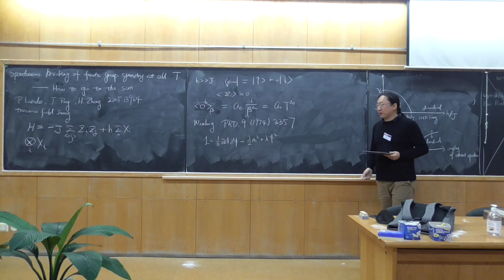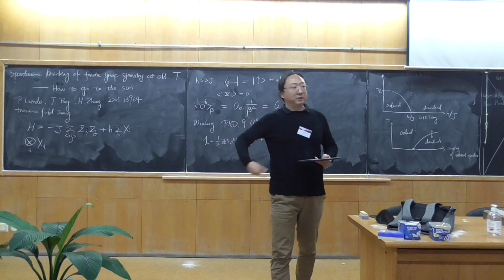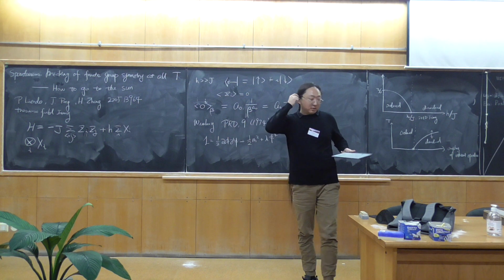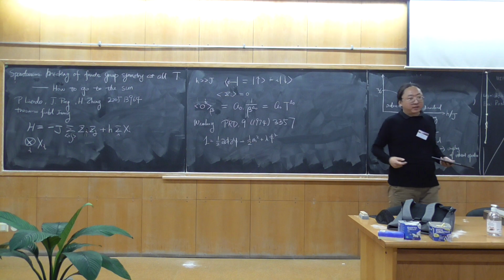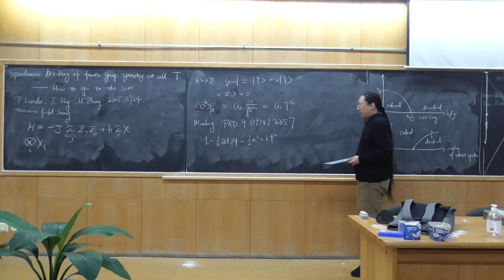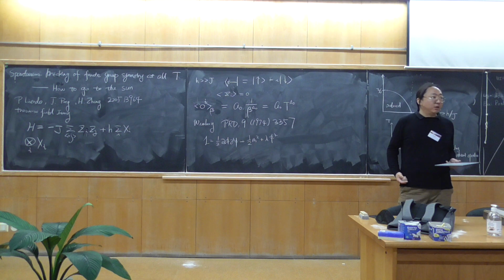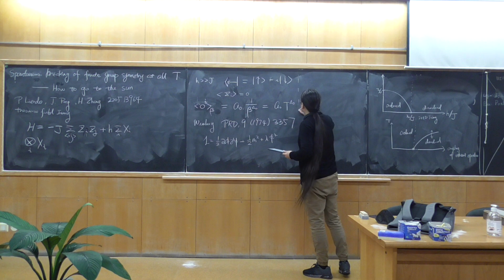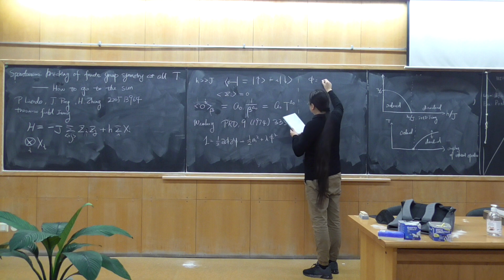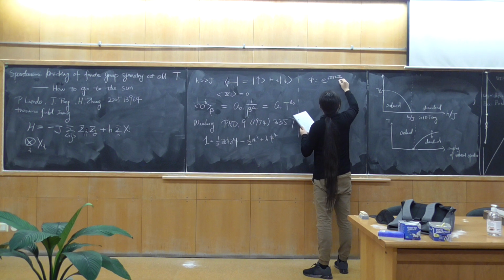If you turn on finite temperature, your temporal circle is basically of finite radius. If you are looking at physics at scales larger than this radius, what you can do is basically a dimensional reduction on this thermal circle, and each of these modes would just be the Matsubara modes. Therefore we can put an ansatz here, phi equal to exp(i 2 pi n tau / beta) times phi_n of x.